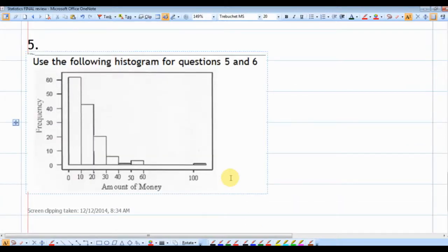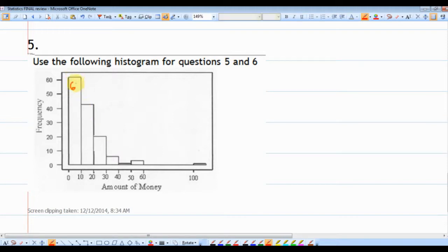Okay, and amount of money. These class widths look like about 10, so this is somewhere between $0 and less than $10. There was about, that looks like 60, right? If I remember this question correctly, you're probably going to want to estimate how tall each of these bars are. So this looks like about 60.